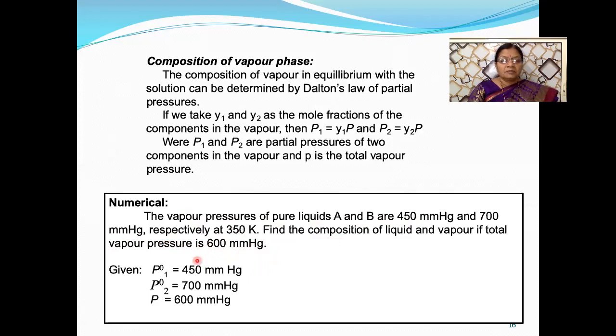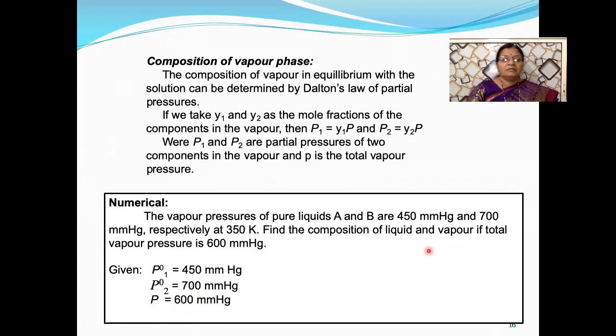Now the data given is P01 equal to 450 mm mercury, P02 equal to 700 mm mercury, and P equal to 600 mm mercury. And we have to find out the composition of liquid and vapor.